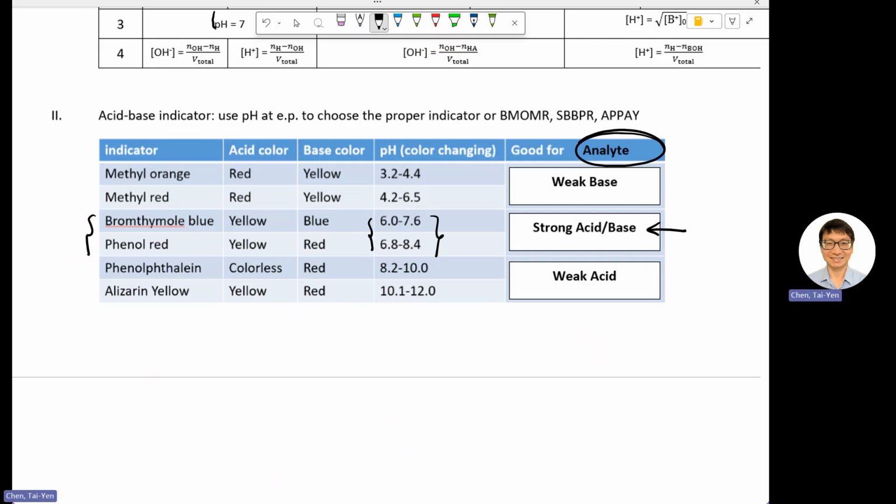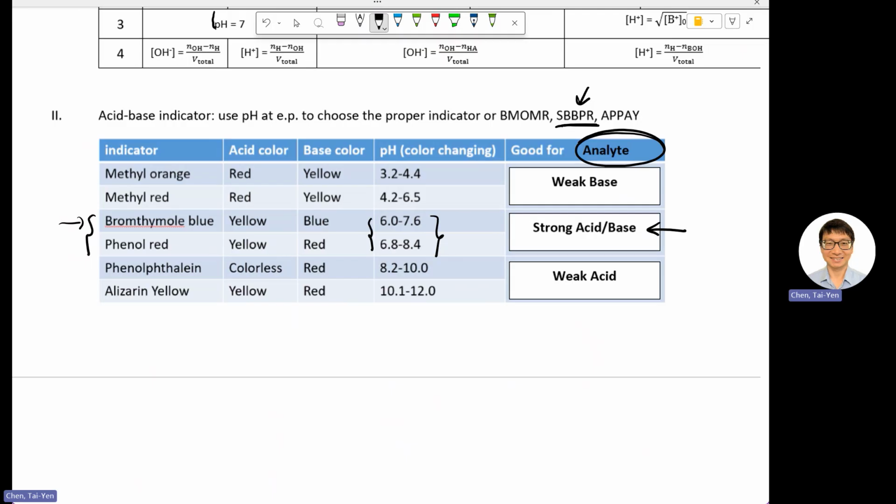Both thymol blue and phenol red. And I use an abbreviation to remember the indicators for a specific analyte.